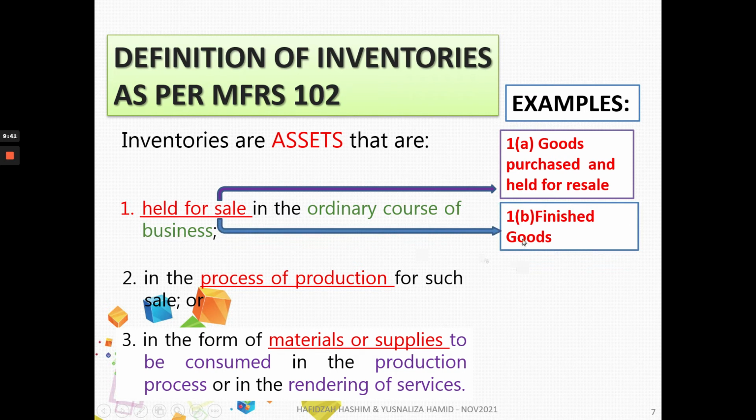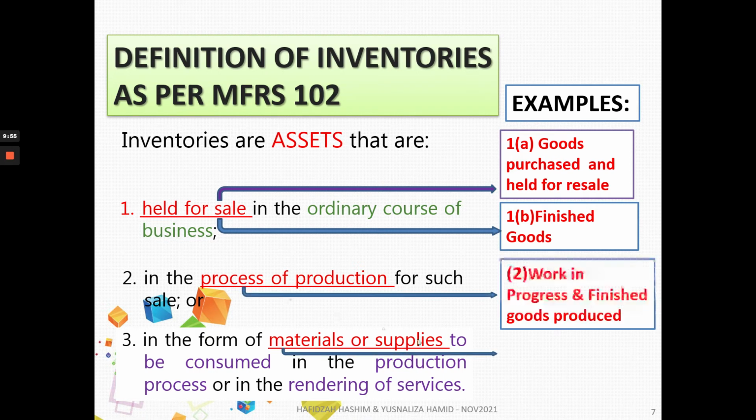Or it can also be finished goods. Goods that you purchase held for resale, as well as any finished goods, perhaps in a grocery business, for example. And then in the process of production, for example, work in progress, not yet completed but in the process of being completed, or perhaps the finished goods that are being produced in the process of production.